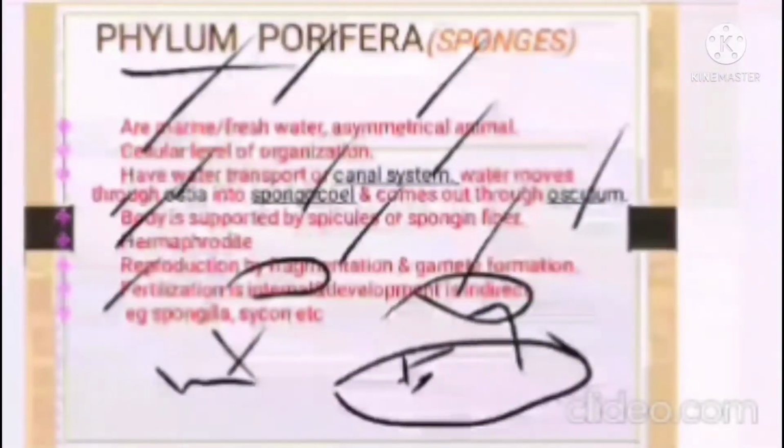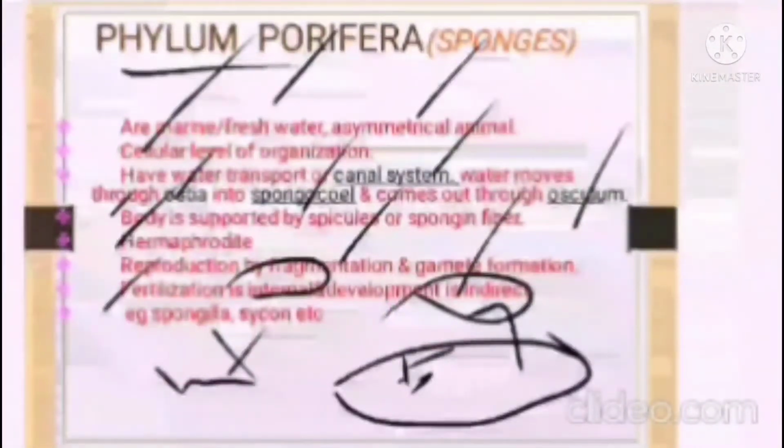The eggs are laid in the water as well as the sperms are deposited over the eggs, which have a sticky structure, so the fertilization takes place outside the body of the female. In the water the fertilization is taking place. This sort of fertilization we call external fertilization, right?